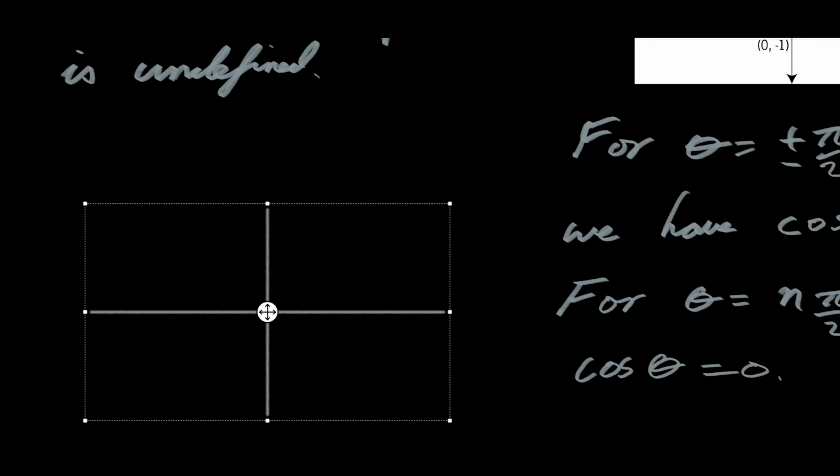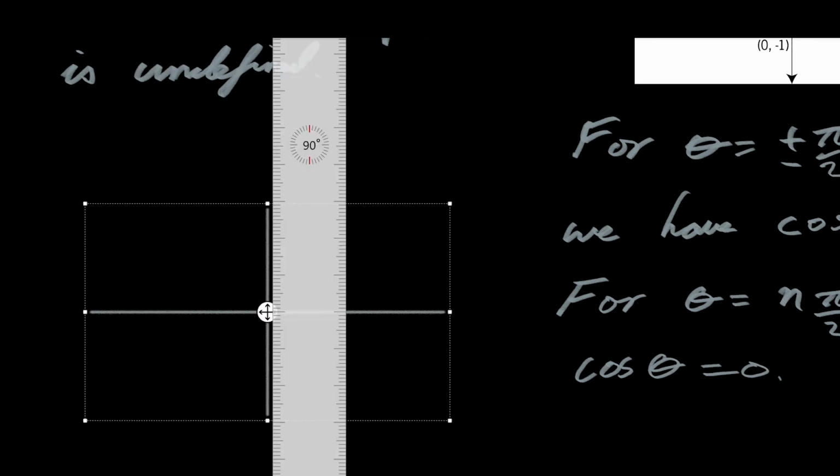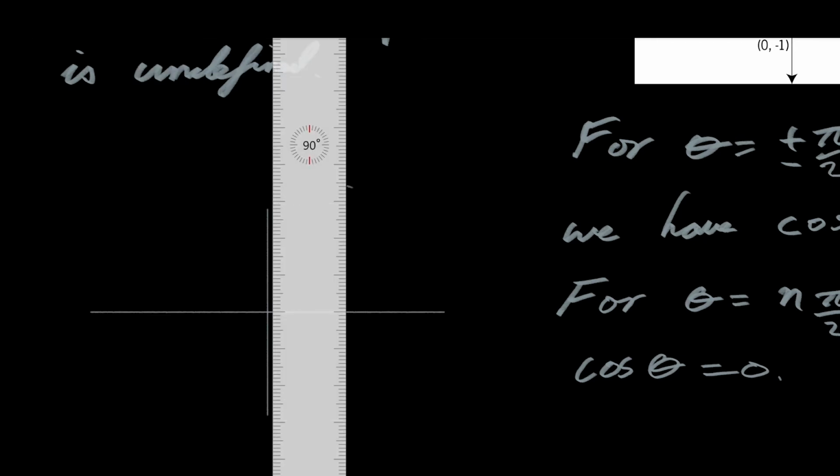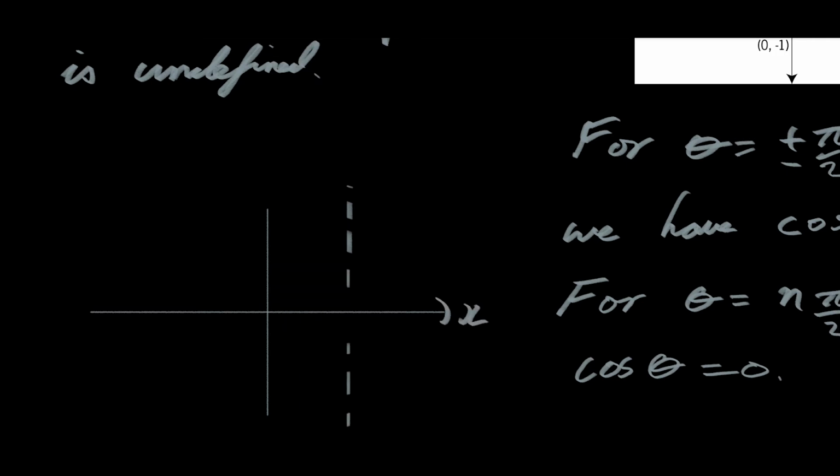Let's say we have a function and an asymptote at some value. Let's say this is an x-axis and this is a y-axis, and this here is some x value a. So right there equals a.